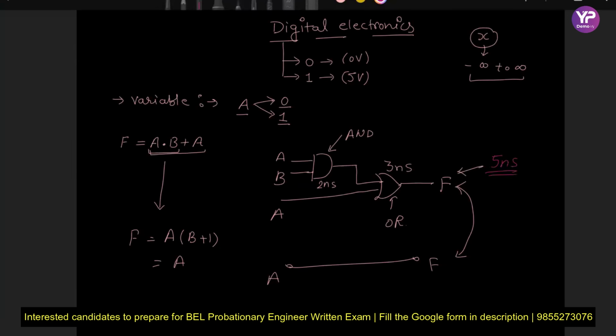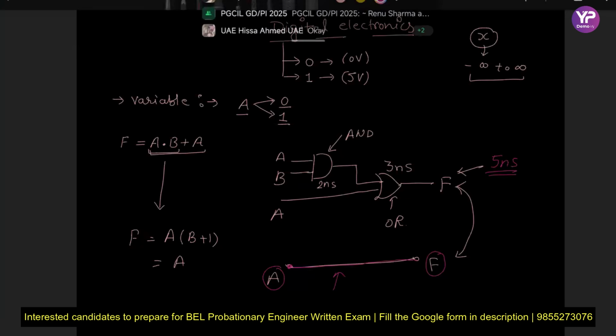If we go with the minimized circuit, we apply input A and take output F, so through this wire there will be no delay. Whenever you minimize a circuit, the first thing is that we minimize the number of gates. Due to minimization of the number of gates, the propagation delay of the circuit will also reduce.